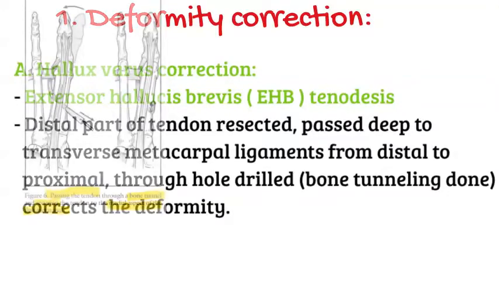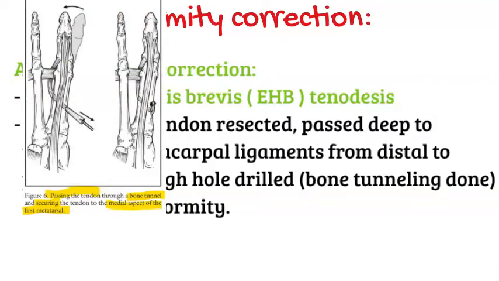It corrects the deformity. As illustrated, the figure shows the passing of a tendon through a bone tunnel and securing the tendon to the medial aspect of the first metatarsal bone.